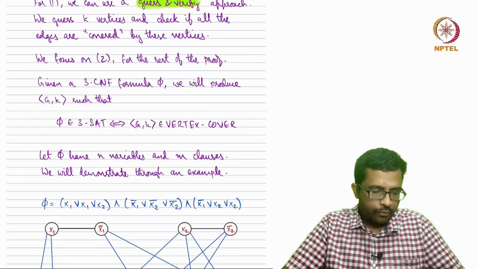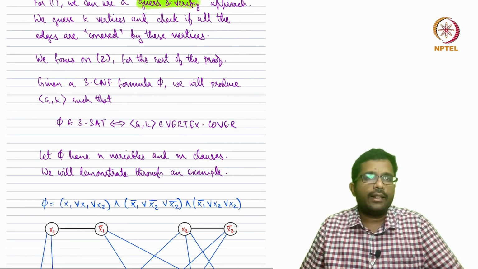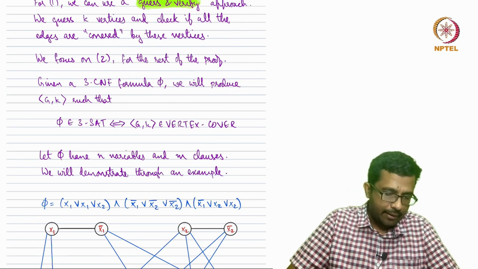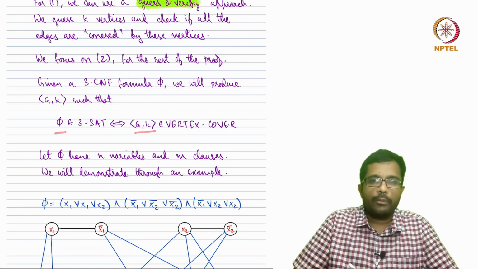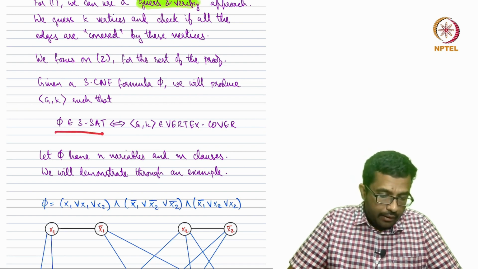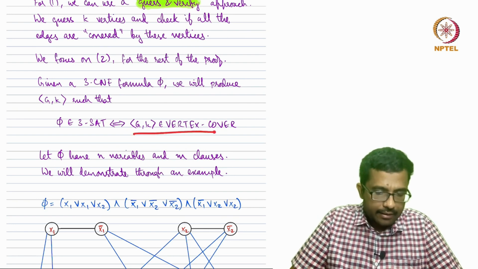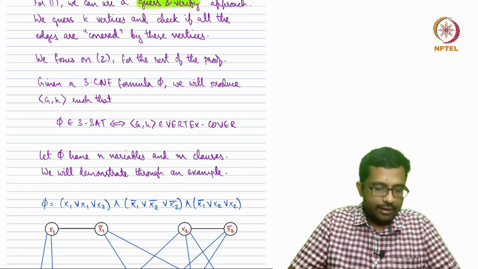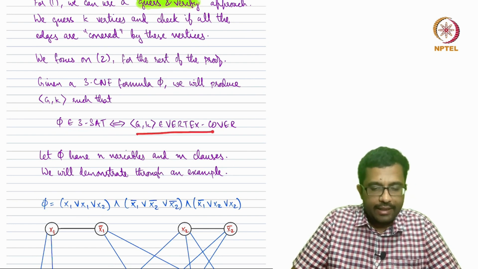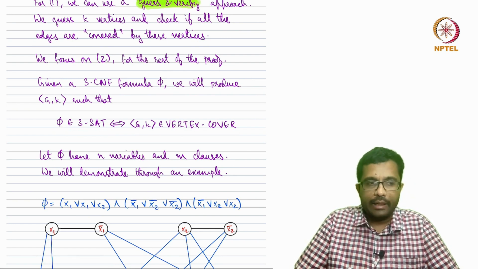So what do we mean by reduction from 3SAT? Given a 3SAT instance phi, we want to build a vertex cover instance G, K such that phi is a yes instance of 3SAT if and only if G, K is a yes instance of vertex cover. In other words, the formula phi is satisfiable if and only if G has a vertex cover of size K. This is what we want to build.